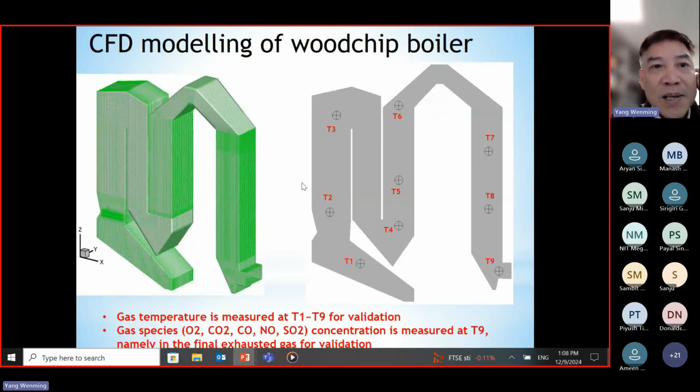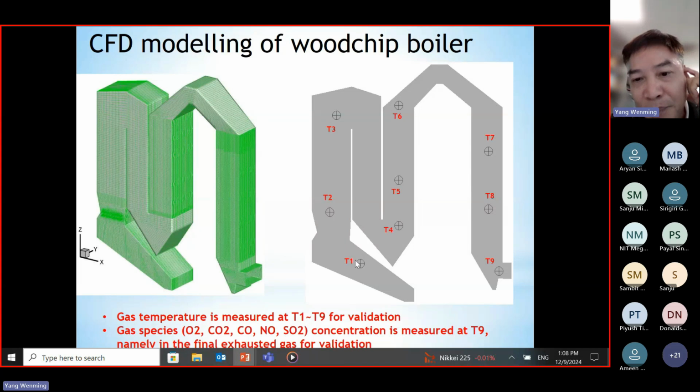Okay, so this is the CFD model of the wood chip boiler system. We can say this model is huge. It has about 10 million units, and we have also measured the temperature at different locations.